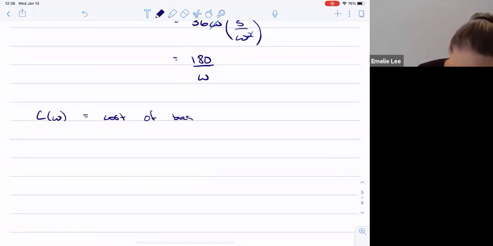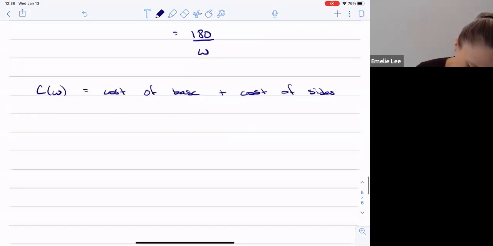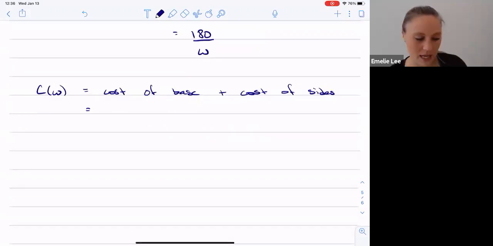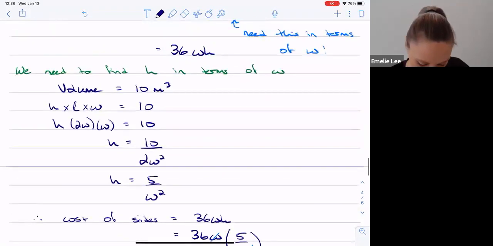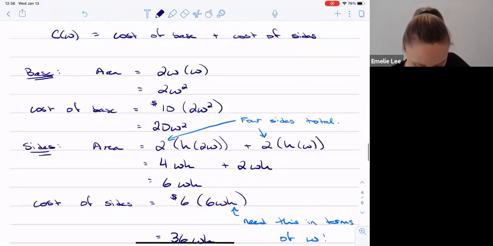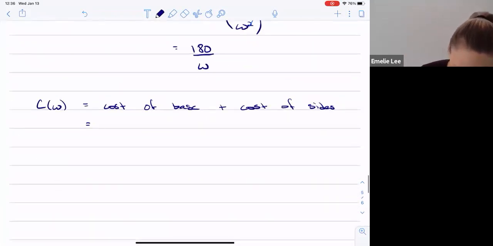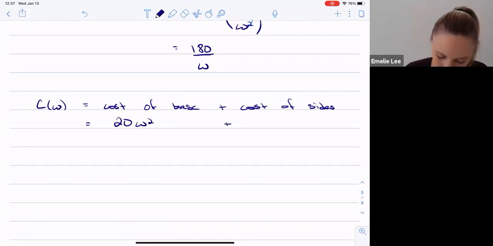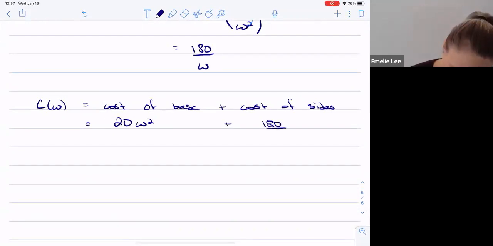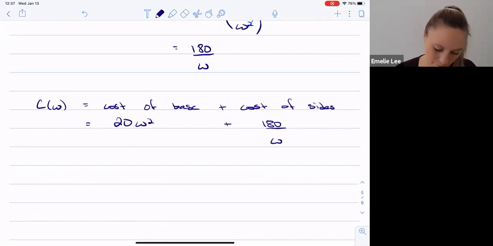The cost of the base plus the cost of the sides. The cost of the base, now I can't even remember what it was, 20W squared. Okay, so I'm just going to put that in. Plus the cost of the sides, which we just established was 180 over W.